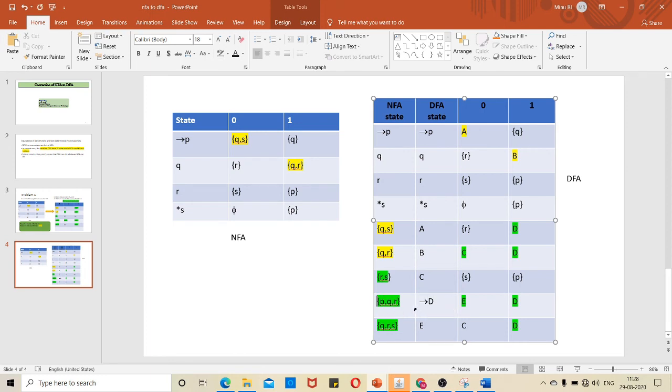So this is the only place my P came, and wherever this S is there, that will become my final state also. So this will become one of my final states, and S is here also. So this is also one of my final states. So let me mark it with a star. And here also it has an S. So here also it is one of the final states.